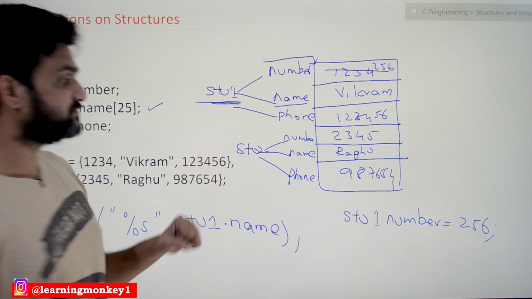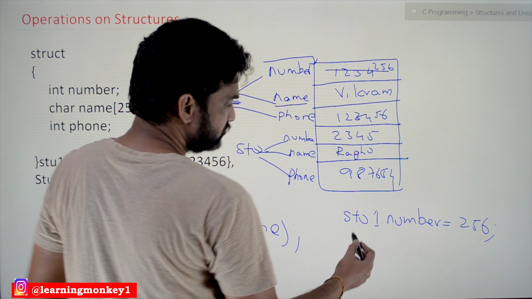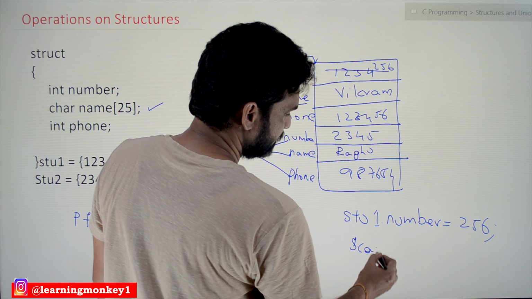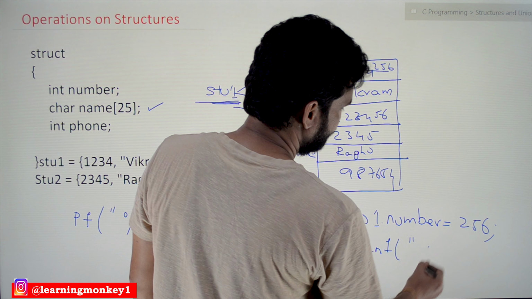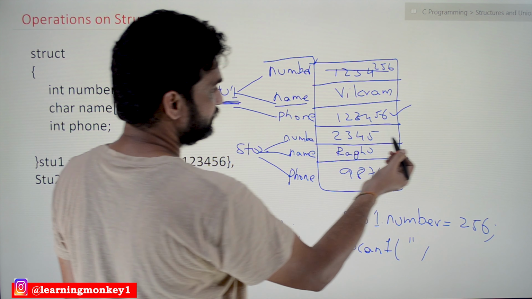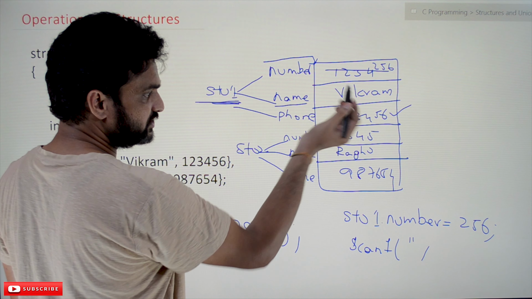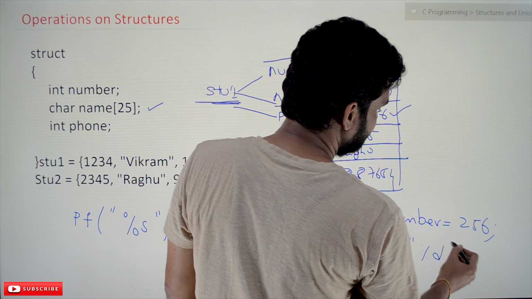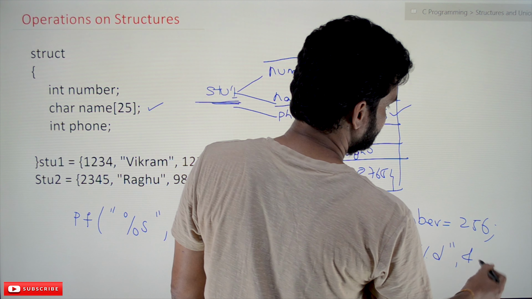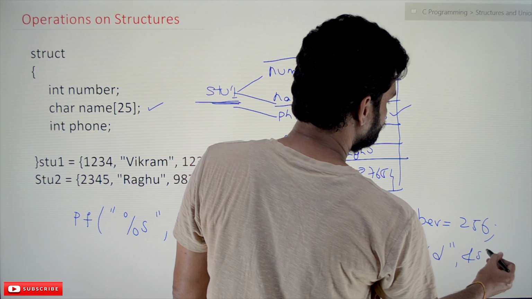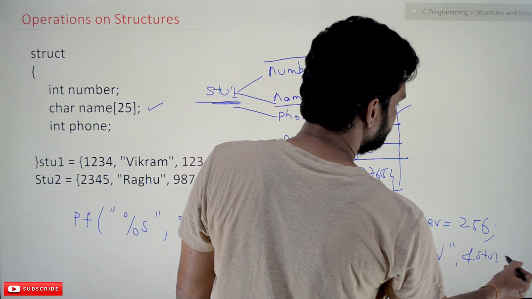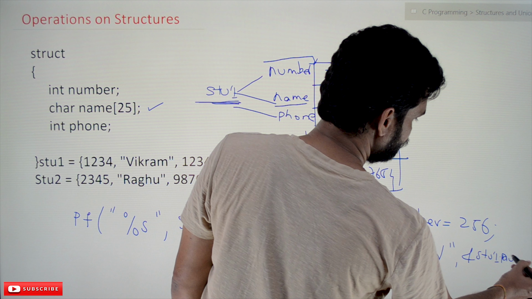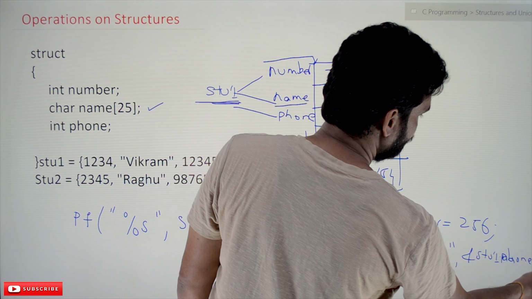So how to scan the values for the members? It is scanf. For example, if we want to give the user the permission to provide the phone number, because it is an integer, it is %d, ampersand stu1 dot phone.